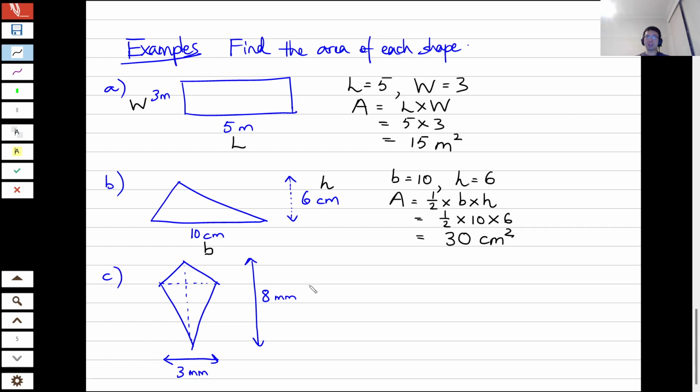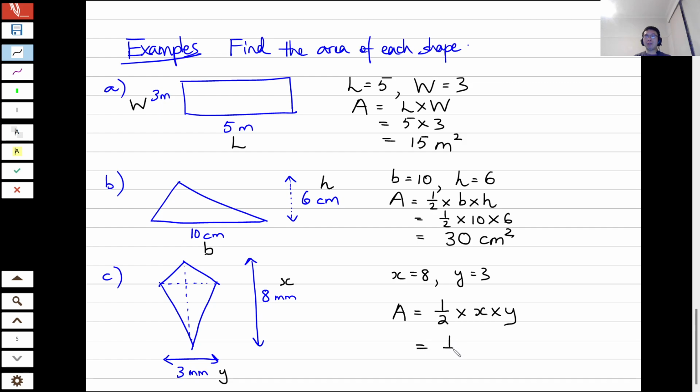Okay, last one, the kite. It doesn't matter which one we call x and which one we call y. I'll just call x 8, and I'll call y 3. And the area of a kite with dimensions x and y between opposite corners is given by half times x times y, because it's half of the rectangle on the outside.